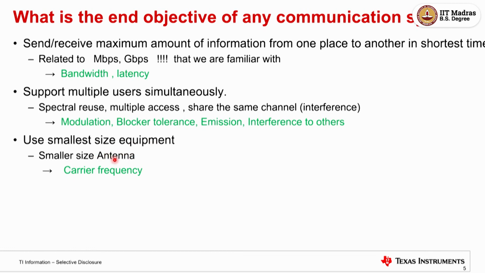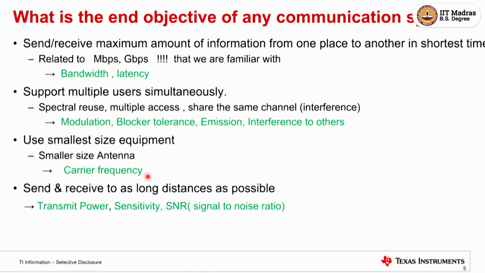Because the equipment size, or the antenna size, is so small, they're able to put it into a structure. But if you see the traditional FM or AM towers where All India Radio used to transmit, you can see big towers with huge antennas. We'll see what it means. Something called the carrier frequency, or the antenna size, is dependent on the carrier frequency. We'll see what it translates to as we go further.